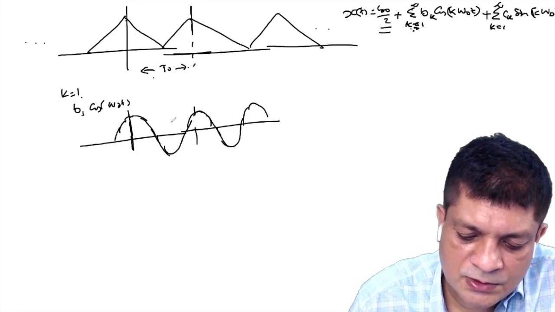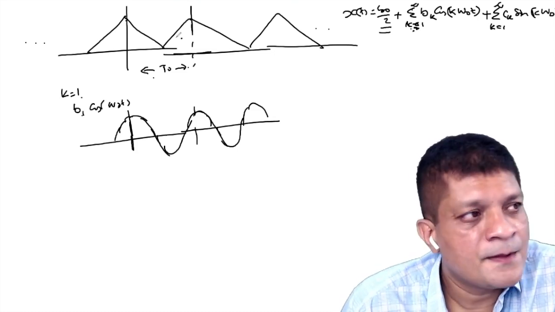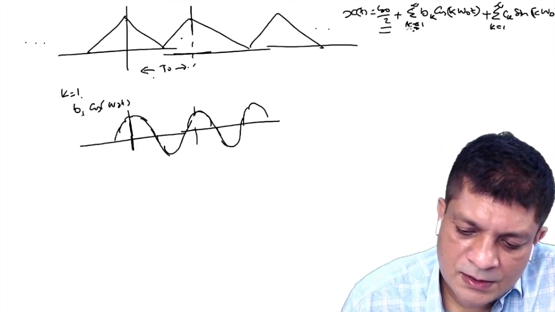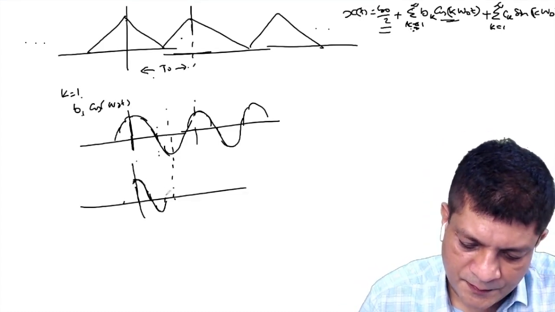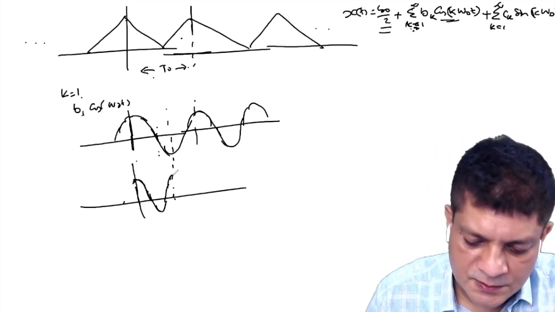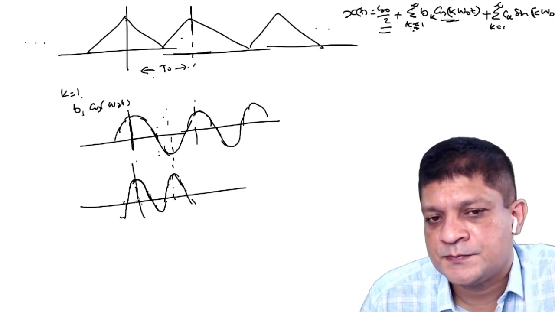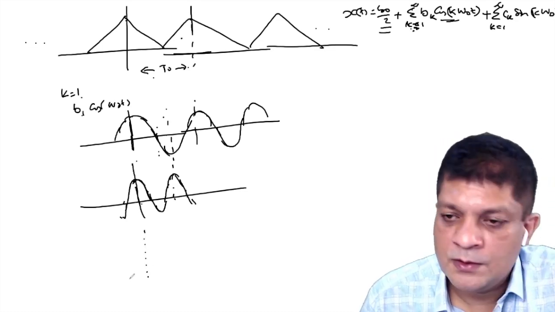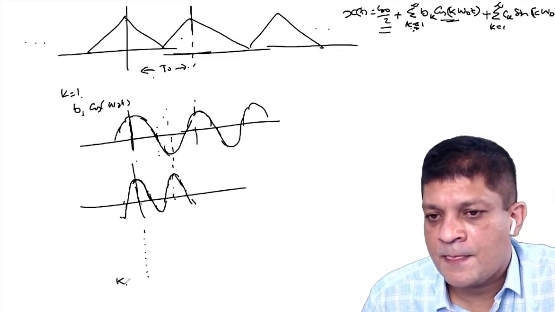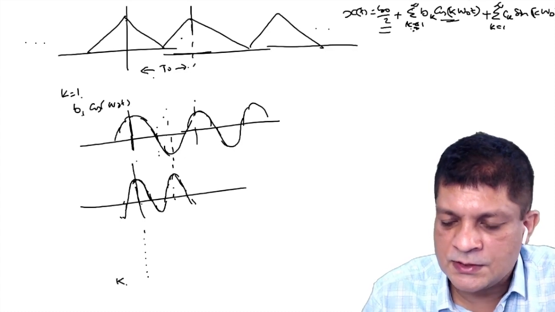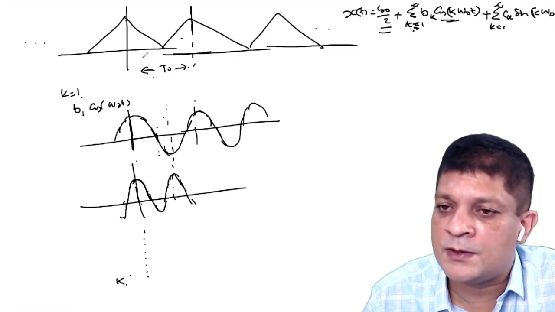It is a cosine signal having the same period as the signal x(t). Now what about the second term, when k is 2? This is a cosine signal having double the frequency. If we keep doing that, for some value of k, the frequency of that cosine signal is k times the fundamental frequency.